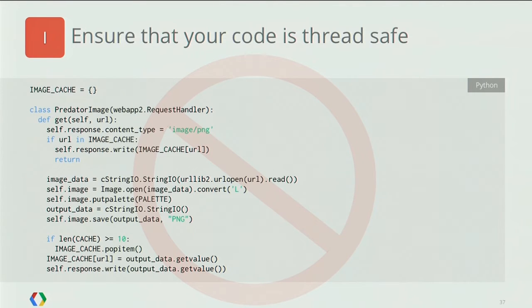In the end, I don't want the cache to grow forever, so if there are more than 10 items in it, I'm just going to randomly throw an item away, and then I'm going to store the image I just generated in the cache. So the disaster here is I can check to see if the image is in the cache while a concurrent request runs along and removes that item from the cache.